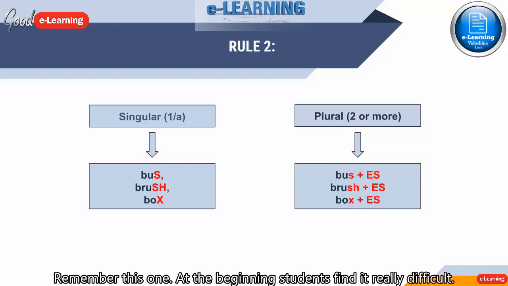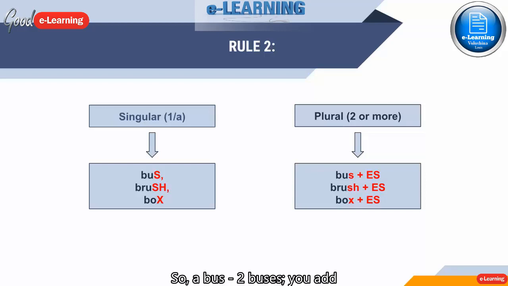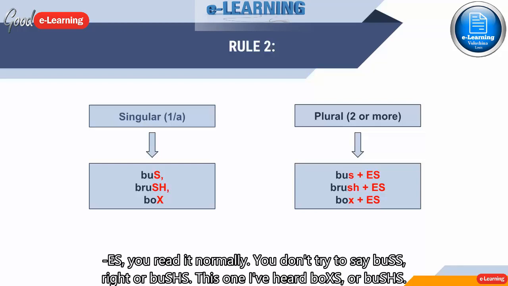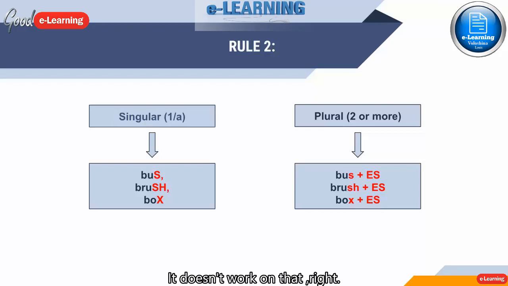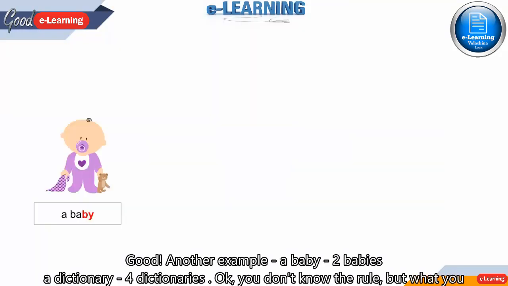At the beginning, students find it really difficult. So a bus, two buses. You add es, you read it normally. You don't try to say bus, right? Or bush. This one I've heard, box or bush. It doesn't work that way. Brushes, boxes, watches.